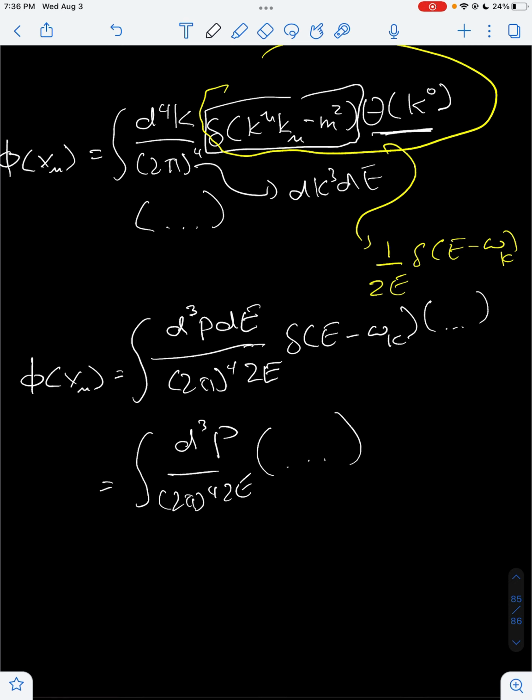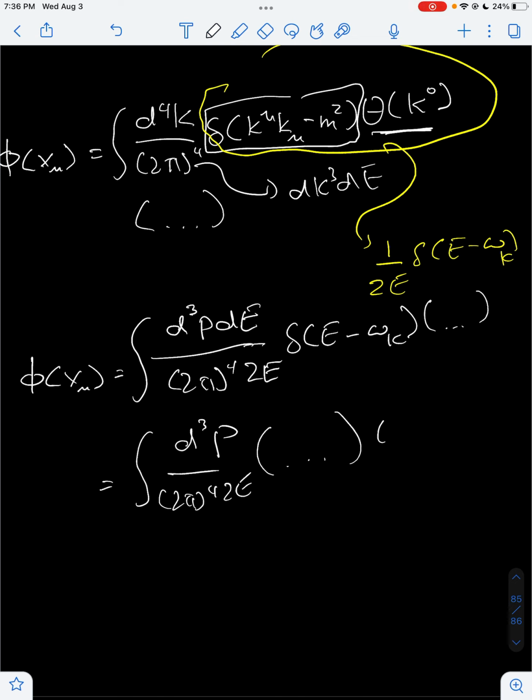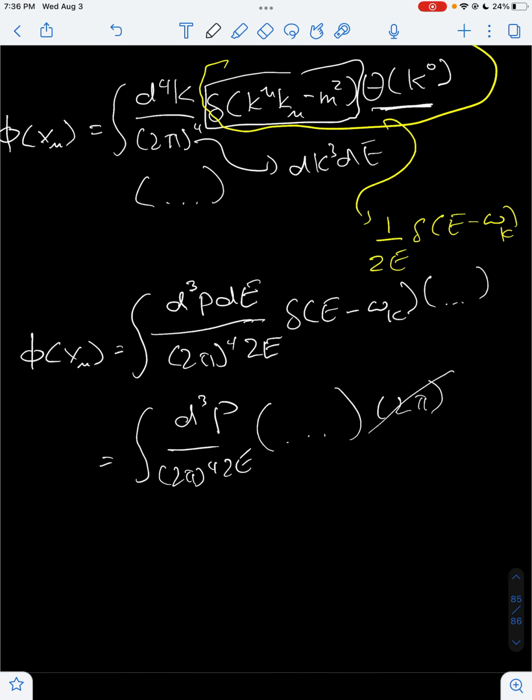Now we can multiply by a factor of 2 pi. This part may seem pretty arbitrary, but we can do that by factoring out a factor of 2 pi in front of our Fourier momentum coefficients, so that we can cancel out this 4 to get a 3.